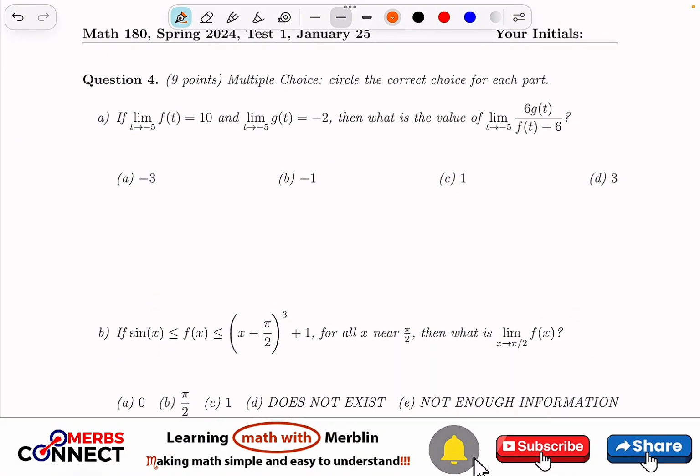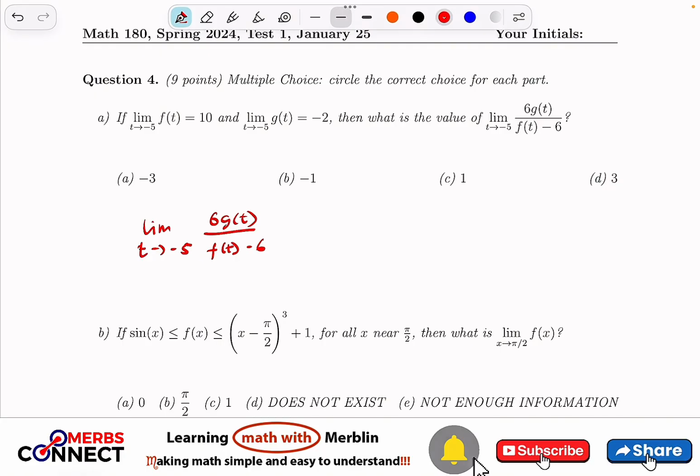Question 4 is multiple choice. So let's try and figure out what this is equal to: the limit as t approaches -5 of 6g(t) divided by f(t) minus 5. Because it's multiple choice, you can just do it straight without showing any working, but I'll do both.